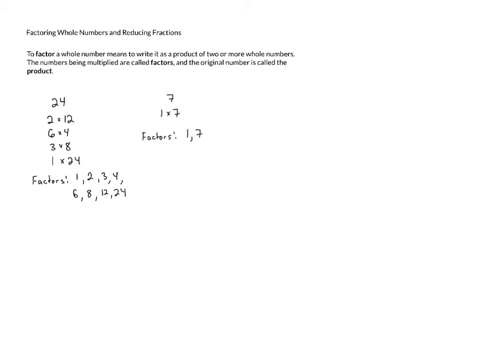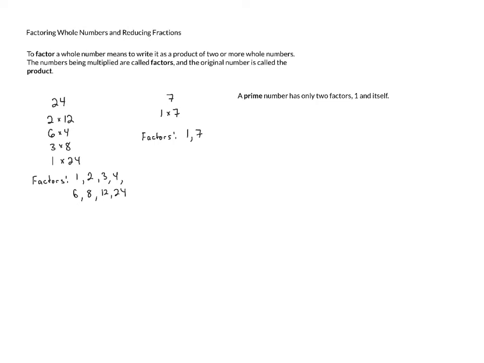We have names for these types of numbers. The second number, 7, we call that prime, and a prime number has only 2 factors, 1 and the number itself. 7 is prime because it has only 2 factors, 1 and then 7, which is itself.